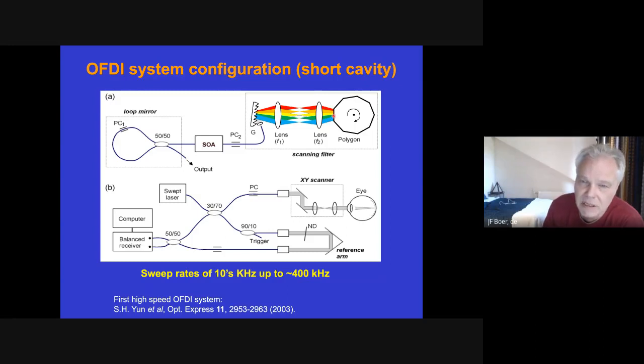And that reflected light goes back to the system, hits the semiconductor optical amplifier, gets amplified, goes through what we call a loop mirror. So part of the light is reflected back to the amplifier, and part of the light comes out and can be used as a source of light for an OCT system, for a swept source or optical frequency domain imaging system.